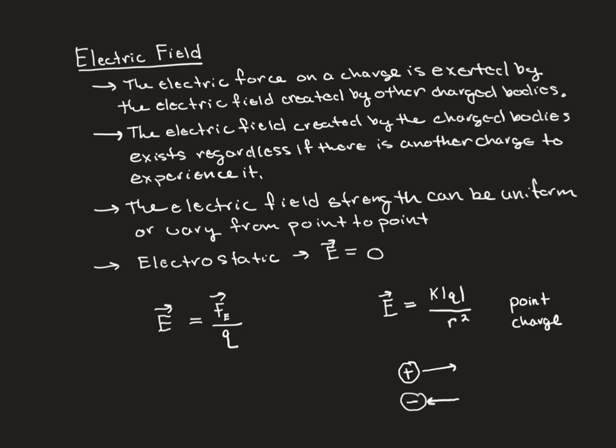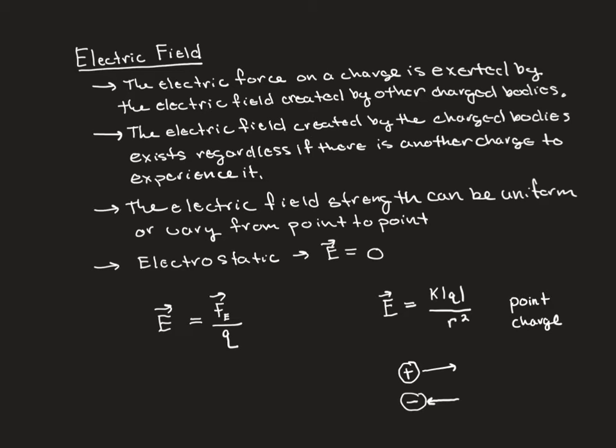So we're going to see a similar analogy here, where a charge exerts an electric force by another charge coming into its electric field. That electric field is present regardless of whether the charge experiencing the force exists or not.